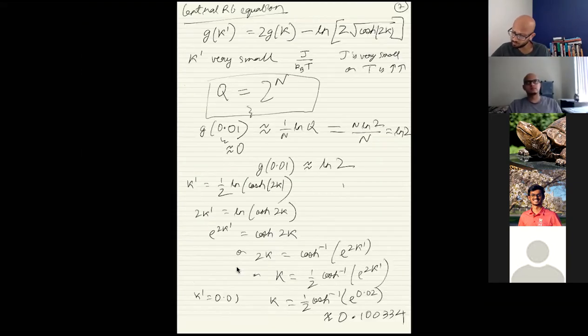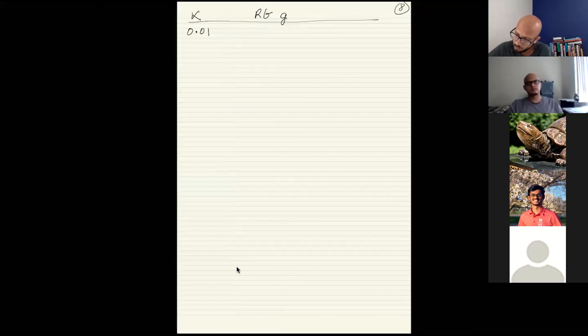How much was that? Well, 0.01 is such a weak interaction that we can just assume it's close to 0. When it's close to 0, the partition function is 2 to the power n. When the partition function is 2 to the power n, that means the intensive free energy is log 2 approximately. So our starting point is that the intensive free energy is log 2.